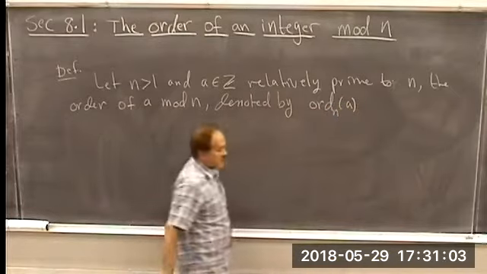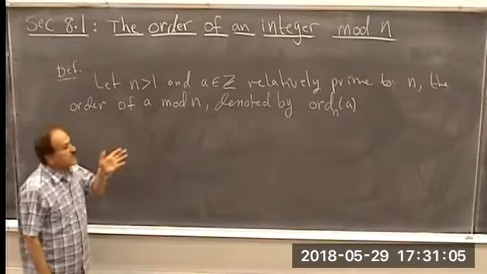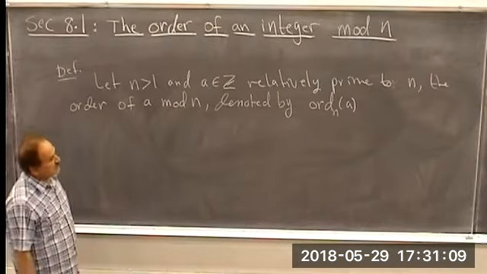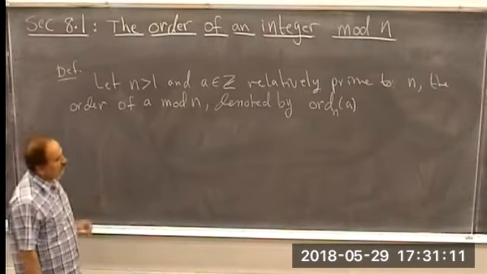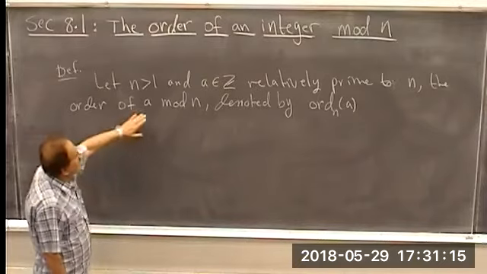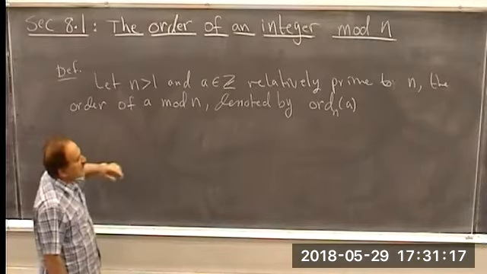By the way, the book does not use this notation. It's a very nice, useful notation. It is used in other places, in group theory, ring theory, and so on. So I'm going to be using this notation for the order of a mod n.